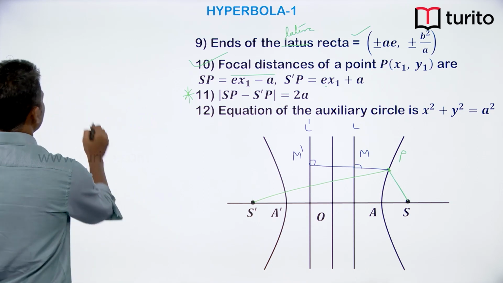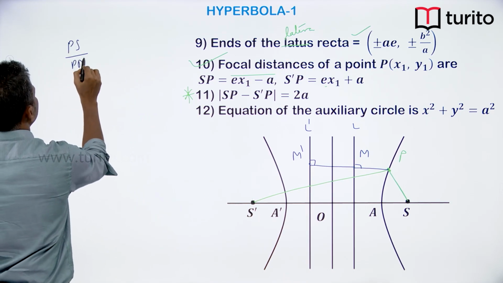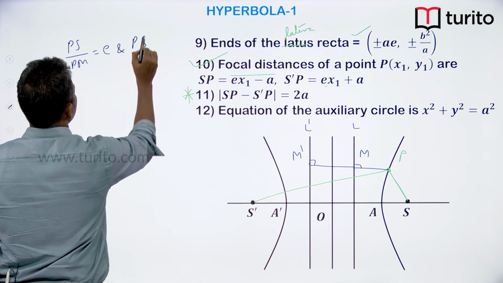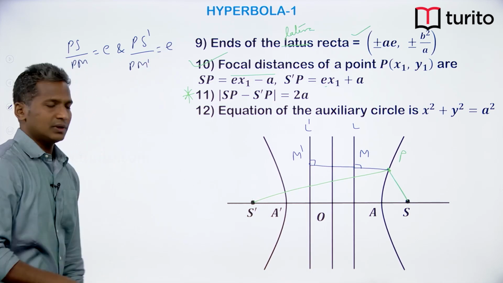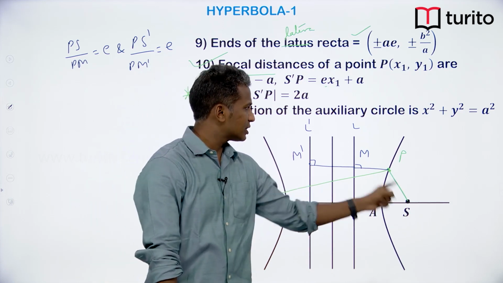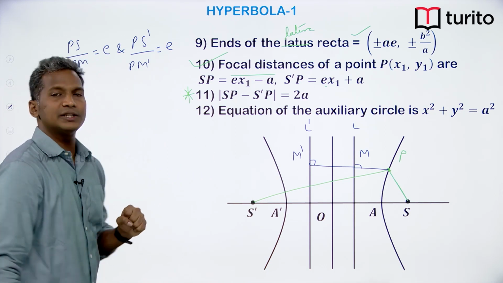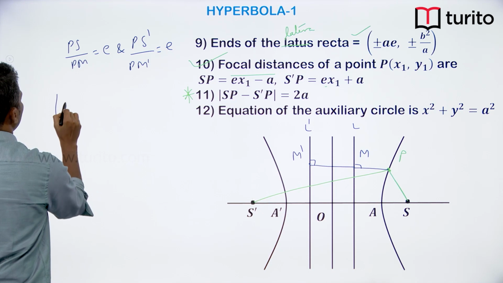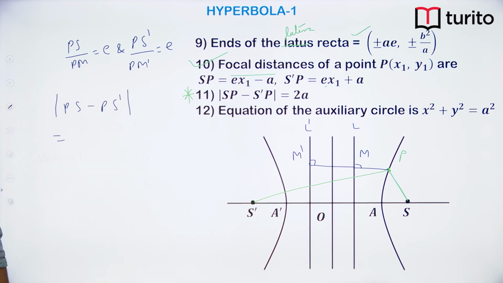We can say that PS by PM is equal to e. Similarly, PS dash by PM dash is also equal to e, because each focus has a corresponding directrix. Now, if I take the difference between these two, let us say mod of PS minus PS dash, what will this give me?